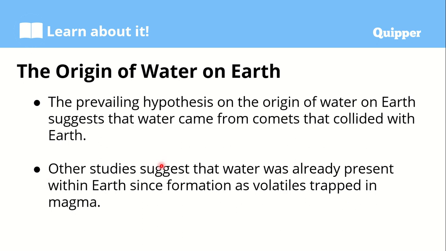Other studies also suggest that water was already present within Earth since formation as volatiles trapped in magma. So there are also studies nga nagsuggest nga ang water present na jud daan sa Earth.